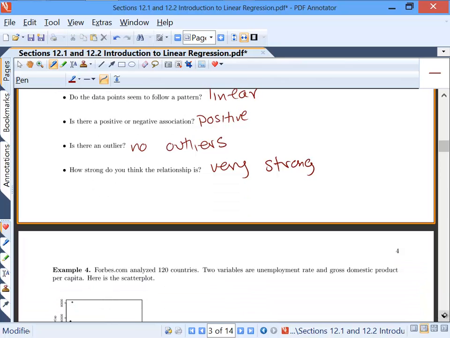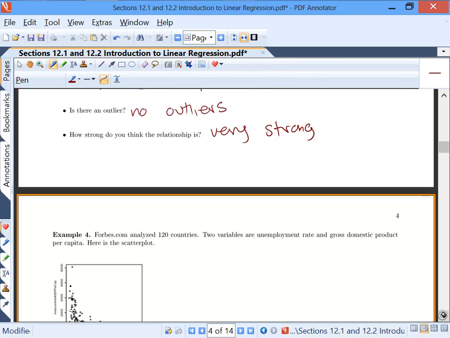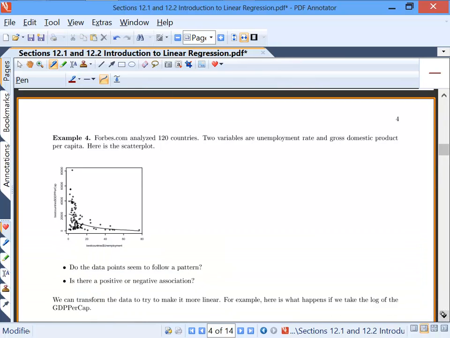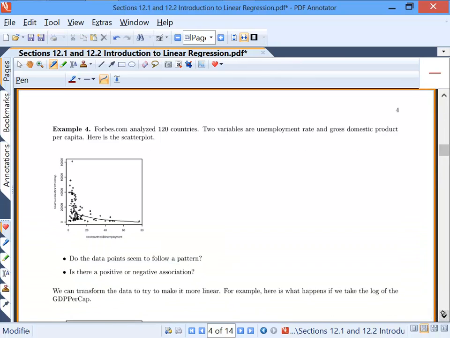So for our next one, we have two variables. We analyze 128 countries, and the two variables are unemployment rate and gross domestic product per capita. So here's our scatter plot. Do the data points seem to follow a pattern? They kind of follow a pattern, but isn't that pattern a line?